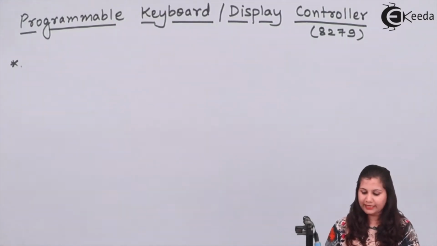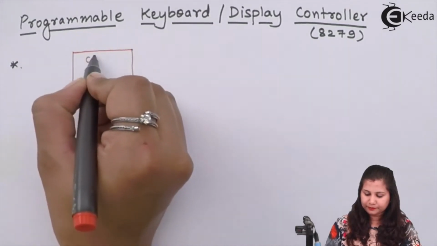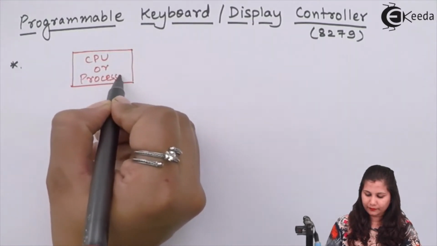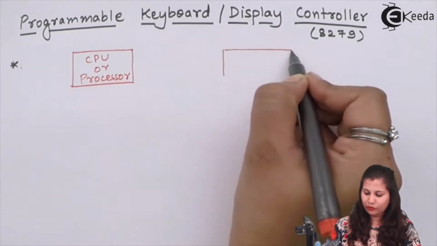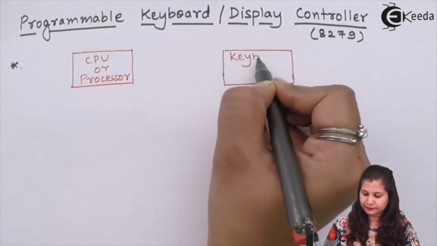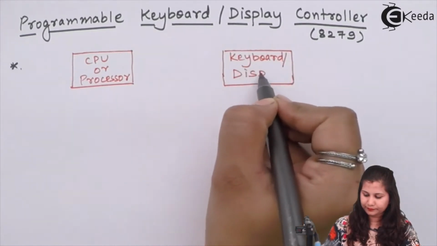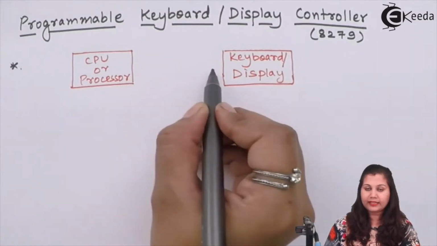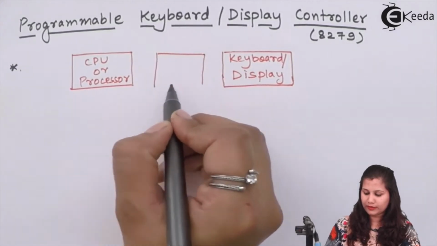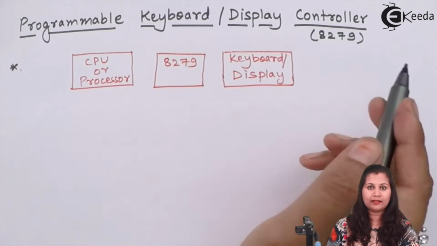So we can say that if it is the CPU or the microprocessor, and it is the keyboard or the display unit, then as an intermediate or interface, we will have the 8279 programmable keyboard display controller.